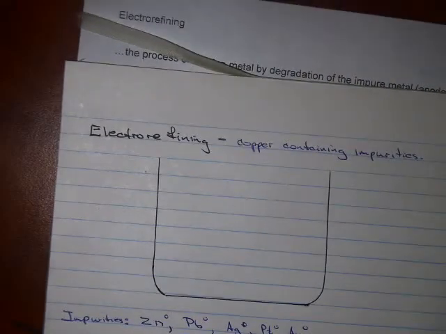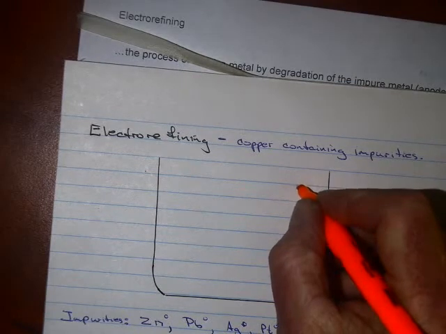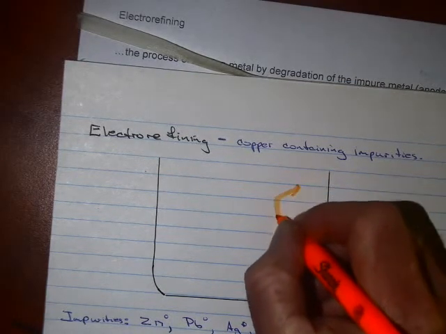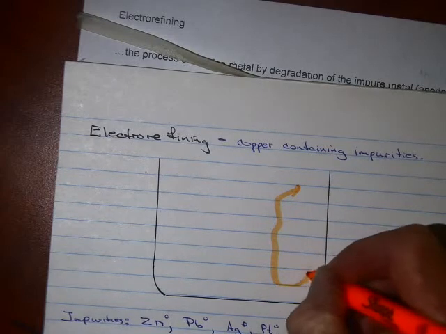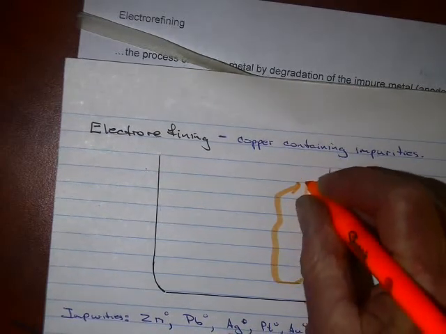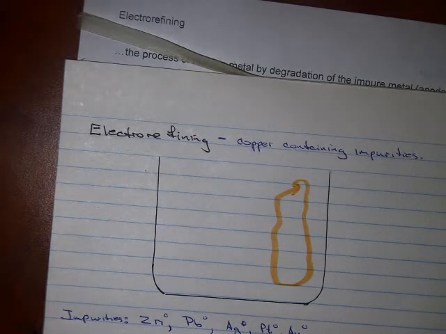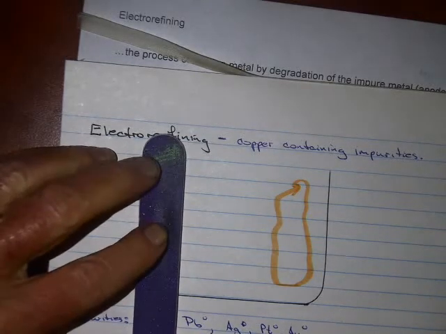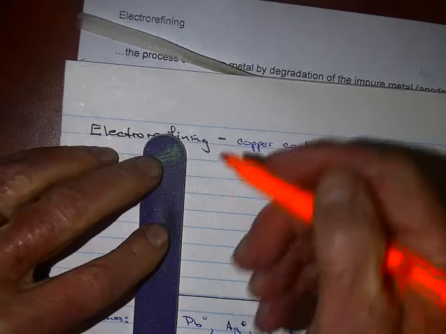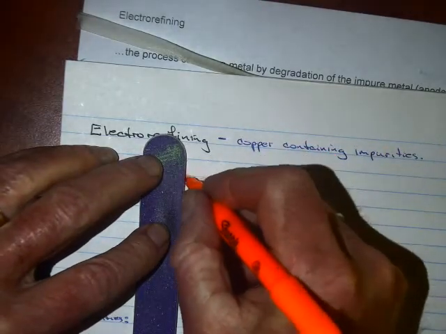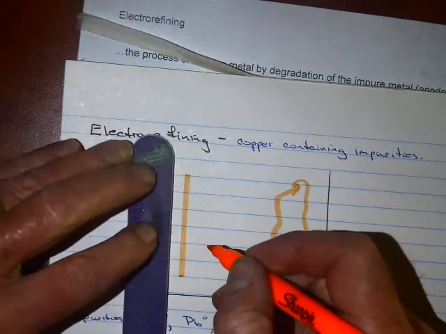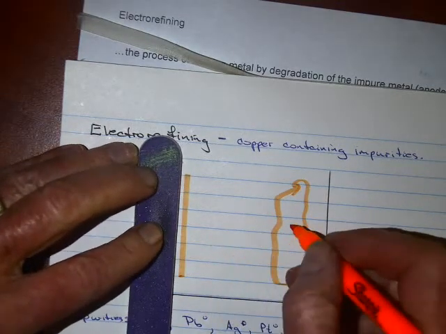Let's say that on this side we have this chunk. Here's the chunk of impure copper, and if I'm going to separate copper out, I'm going to need another electrode of solid copper, because I'm going to transfer it.